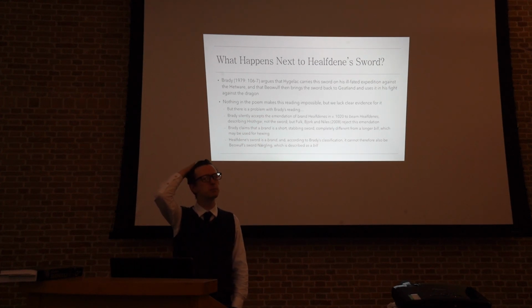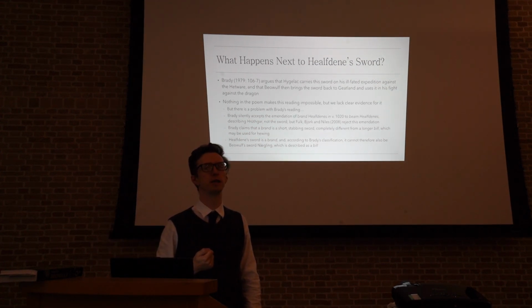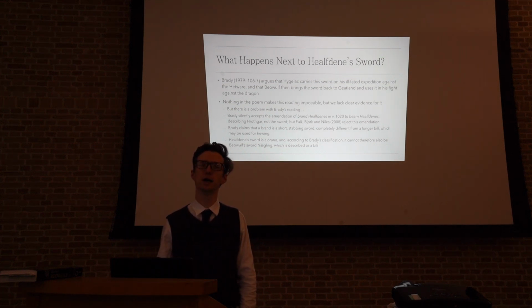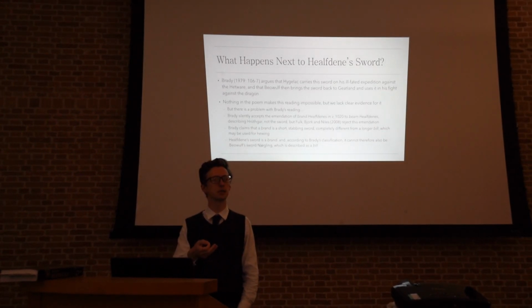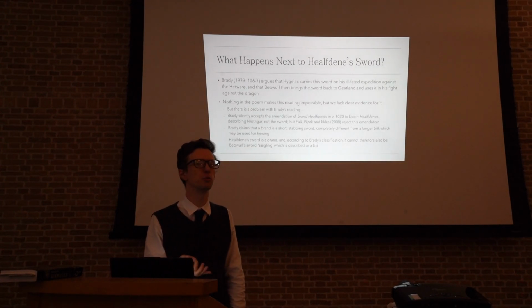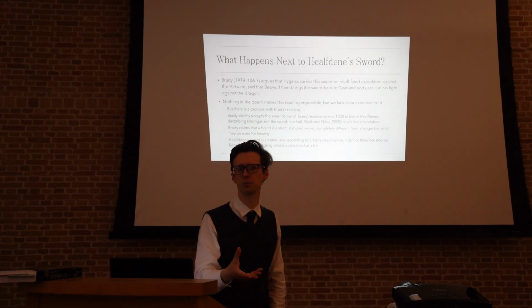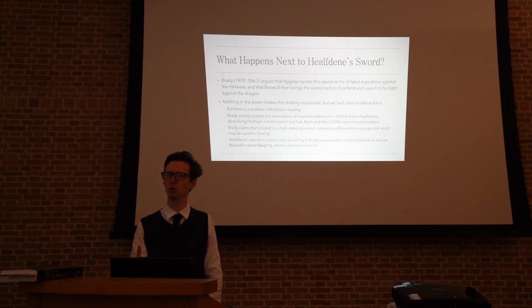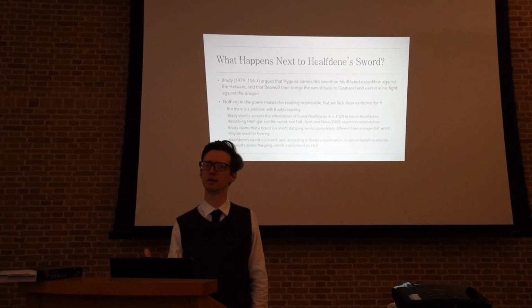So it seems quite possible that Hygelac carries Halfdane's brand down to Frisia. In Frisia he's killed, and the Frisians despoil his body, but the poet tells us that what they carry away from his body is his mail coat, his helmet. They don't say anything about the sword. Beowulf apparently avenges him.